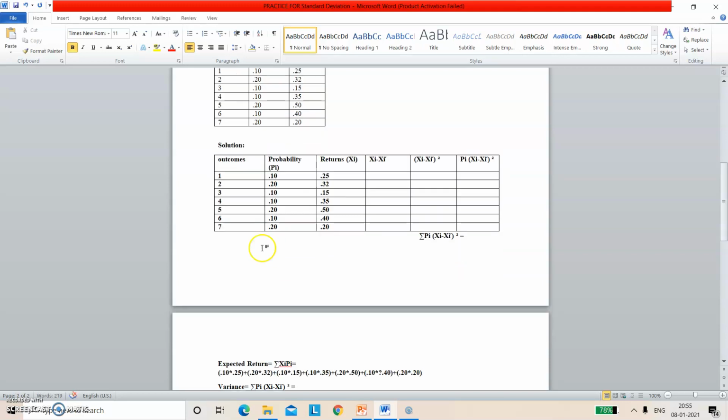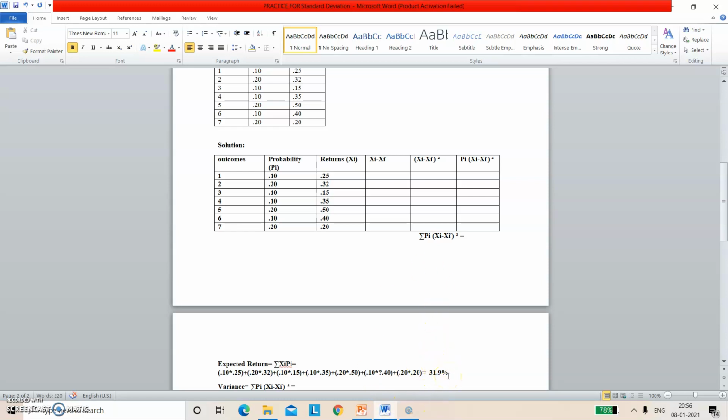Now as we can see, the total of these probabilities is 1. So the expected return is going to be 31.9%.